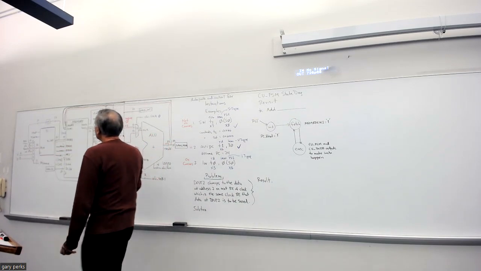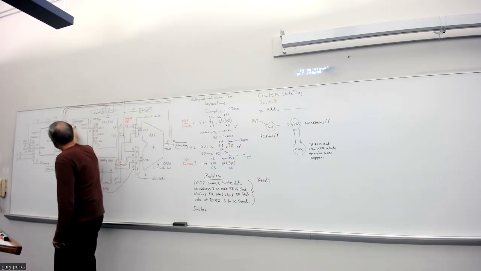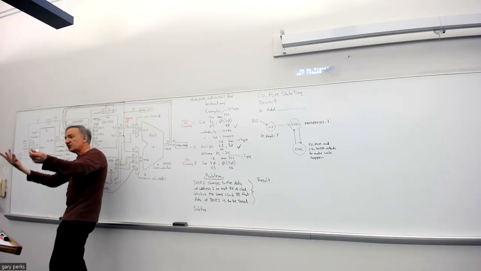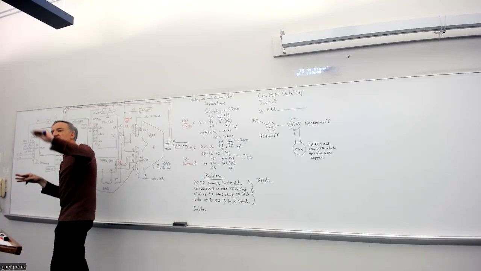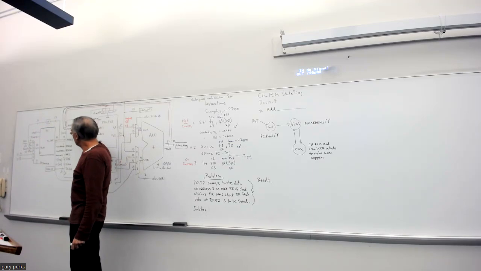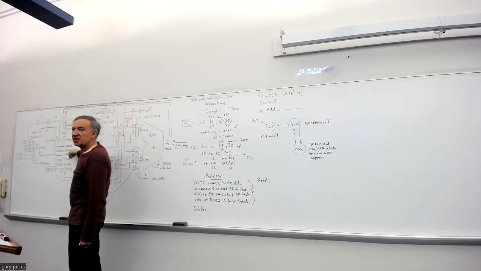Okay, so now we're reading from this address. Since we're reading from this address, because remember, this is a load instruction, and a load instruction is like a read, and a store instruction is like a write. So since we're doing a load, which is like a read, we want read enable to be enabled.